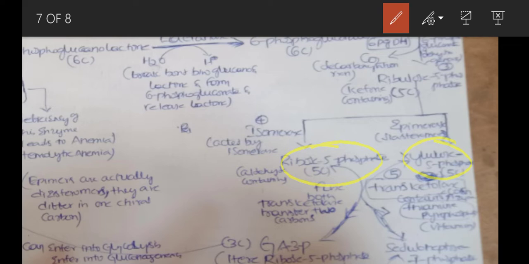A diastereomer is actually a compound where only one chiral carbon is different.